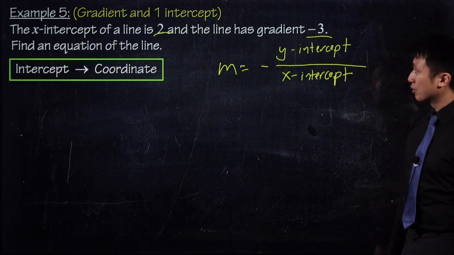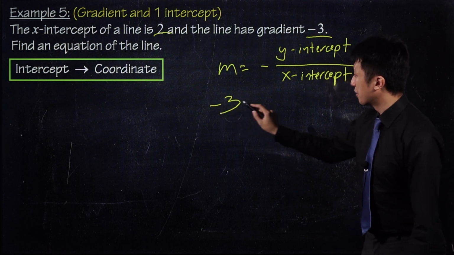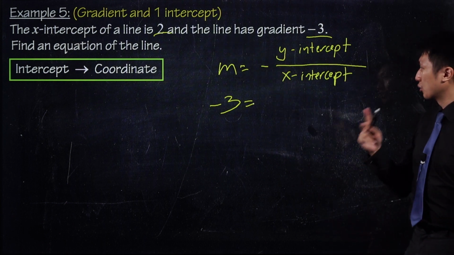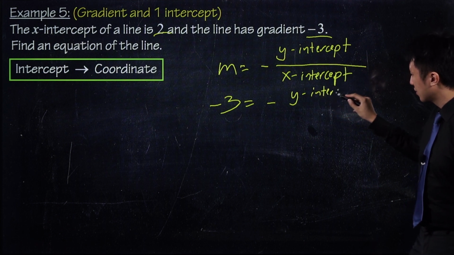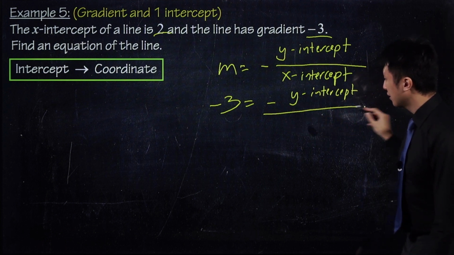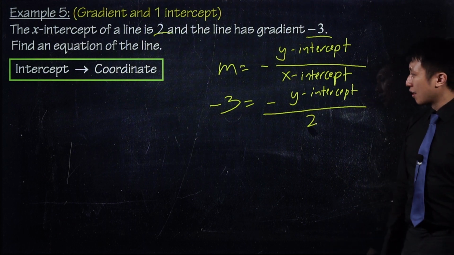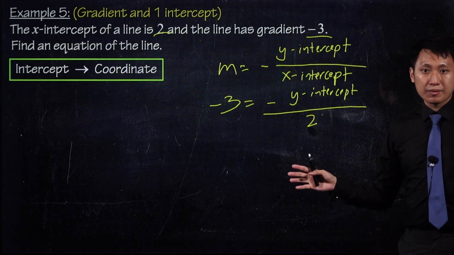Okay, so now what do I know? I know that the gradient is -3, and I know that the x-intercept is 2. So minus y-intercept divided by 2. Okay, I want to find the equation of the line, so I want to find my y-intercept, then I'm done.